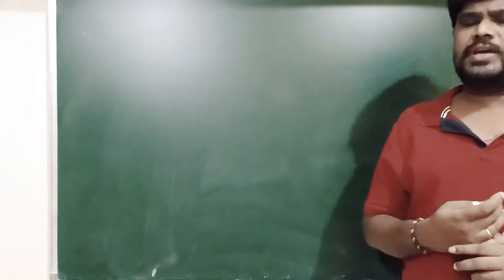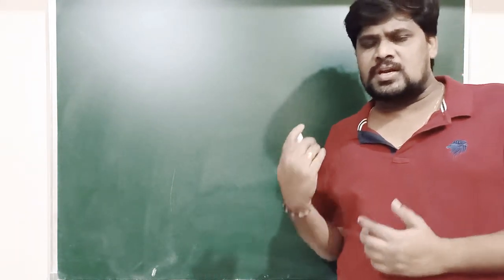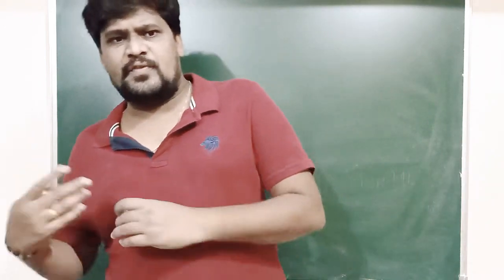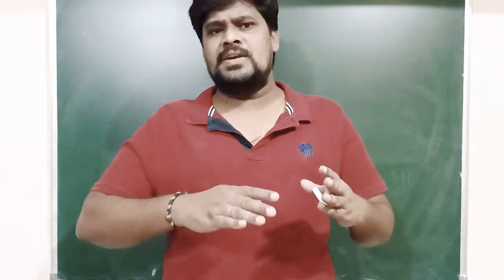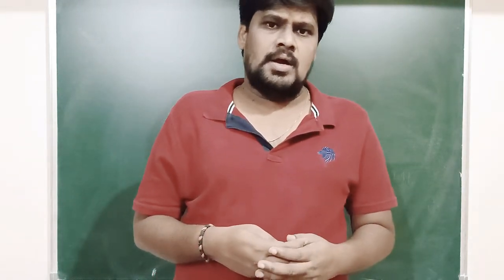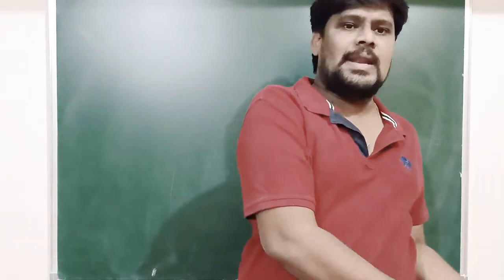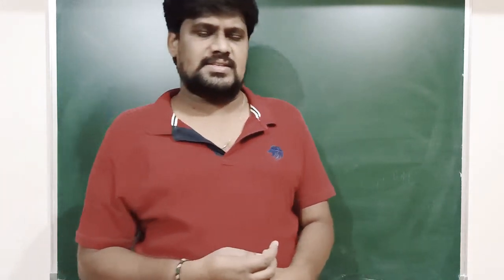Then the third application is we can derive the correct relation related to physical quantities. For example, the time period of a pendulum depends on length as well as acceleration due to gravity. How the time period of a pendulum depends on length and acceleration due to gravity can be derived with the help of dimensional analysis.